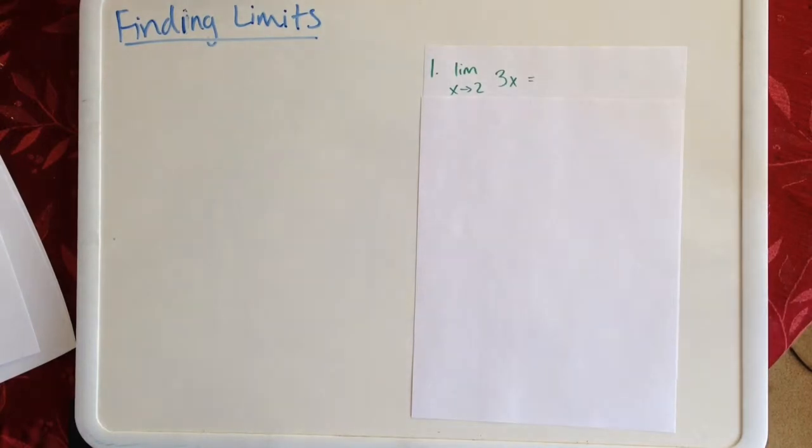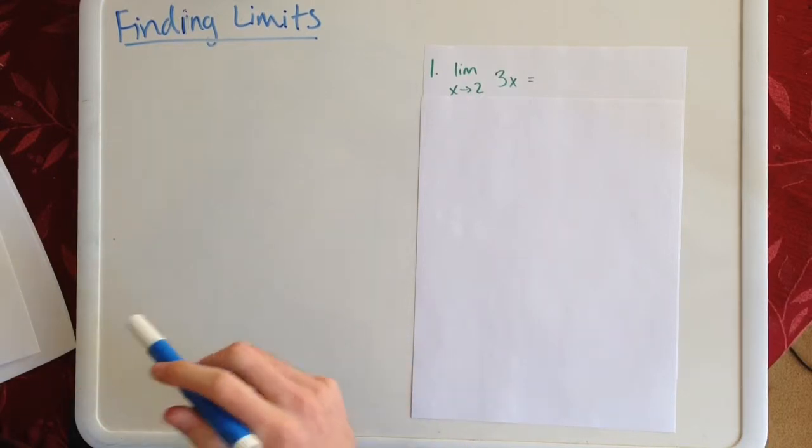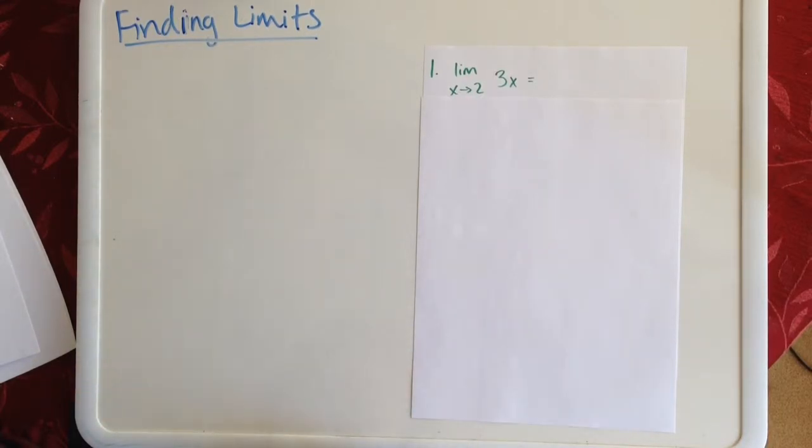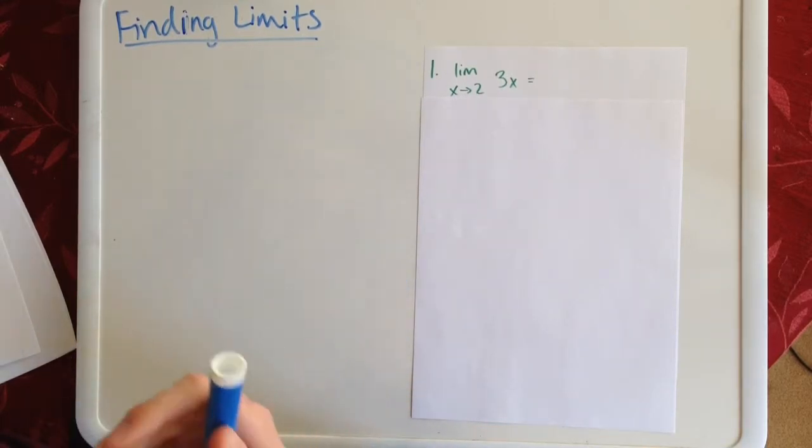Now let's find limits without graphing them. As you saw in our previous method, when it was a simple graph like a line or a parabola, we just substituted. We found the y value for the given x value. That means we substituted the x value into the function.